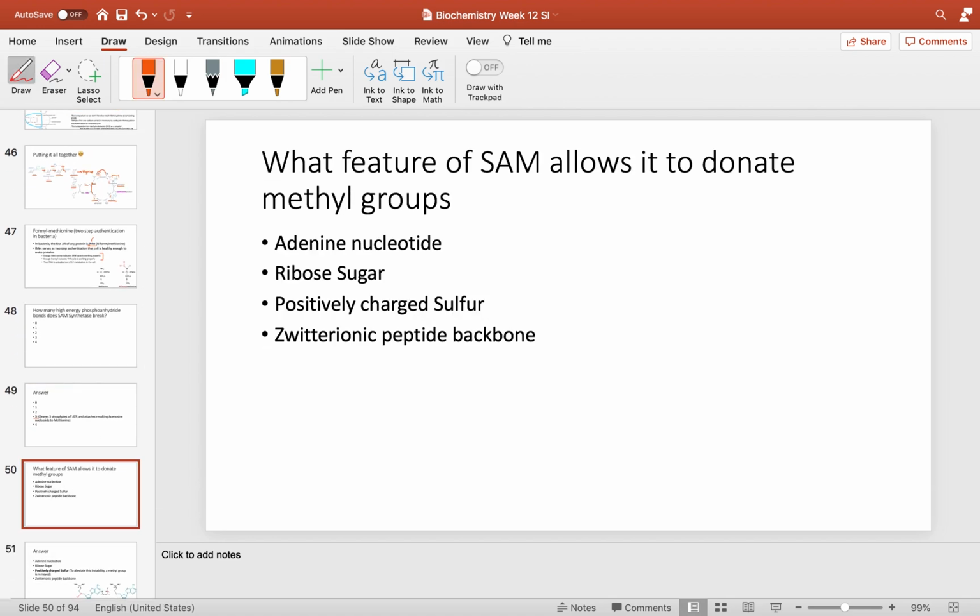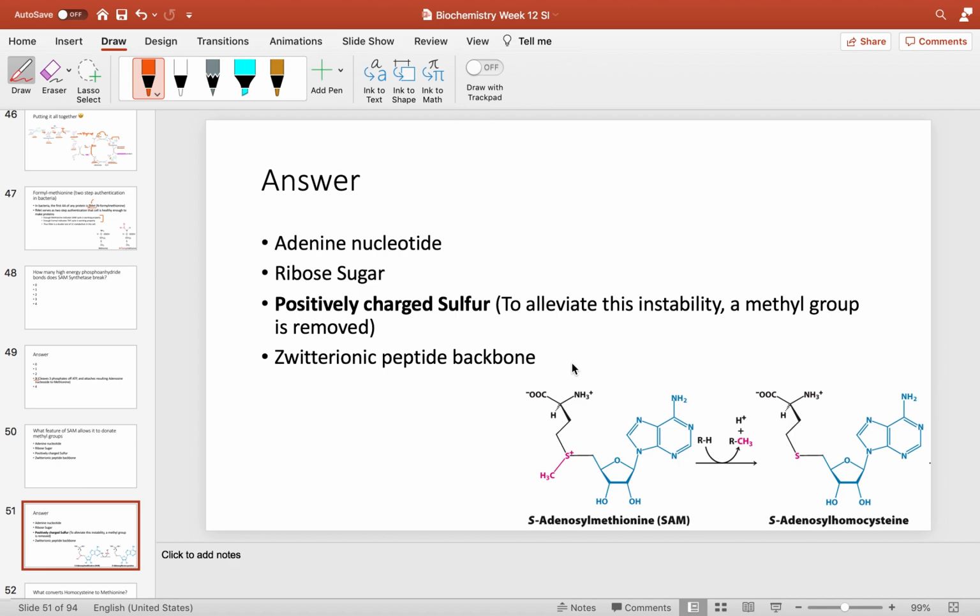Which feature of SAM allows it to donate methyl groups? Is it the adenine nucleotide, the ribose sugar, the positively charged sulfur, or the Zwitter ionic peptide backbone? So in this case, the positively charged sulfur is the reason why your SAM can donate a methyl group.